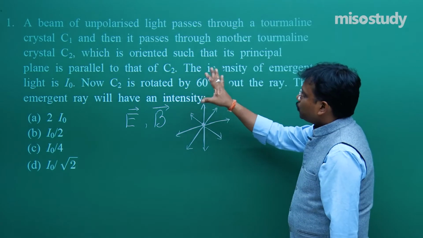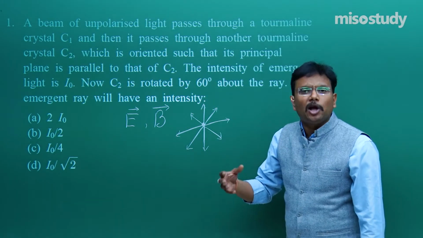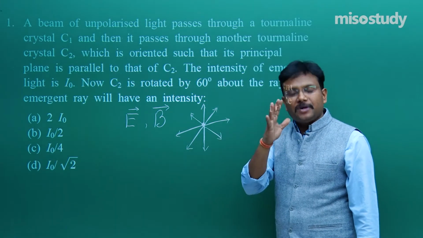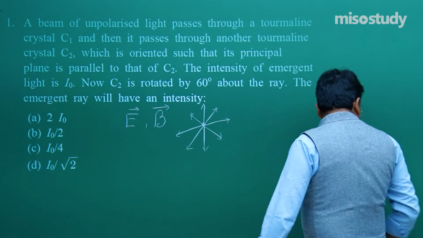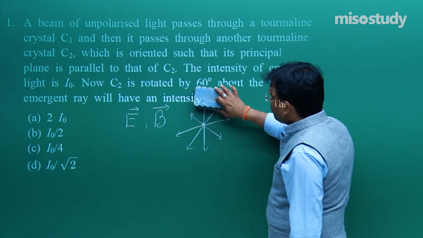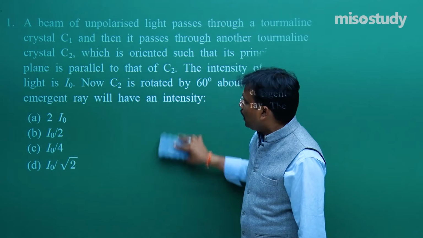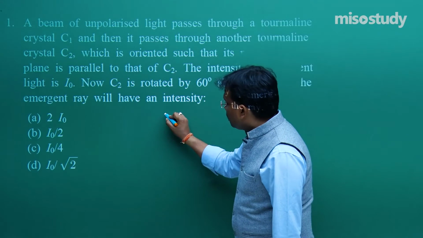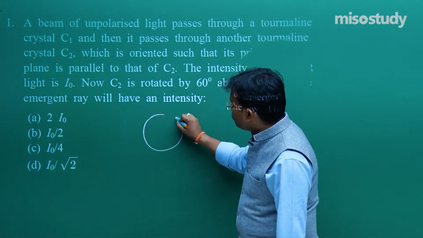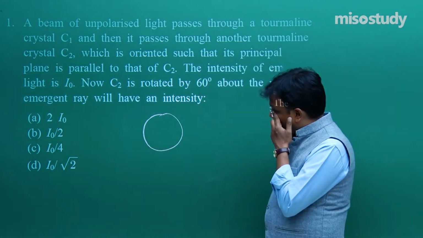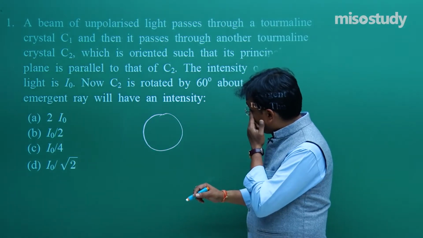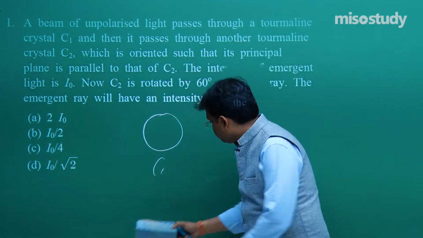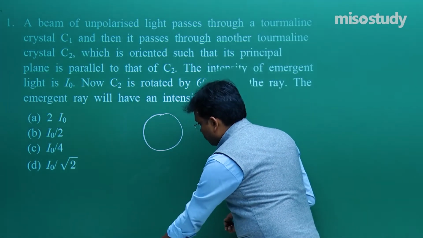Now, you have two tourmaline crystals, or you can say polarizers. What exactly is the role they are going to play? First we will try to understand that. So, let me erase this, and I would like to show you the role played by these tourmaline crystals. Let us say this is one tourmaline crystal or filter, that is C1.